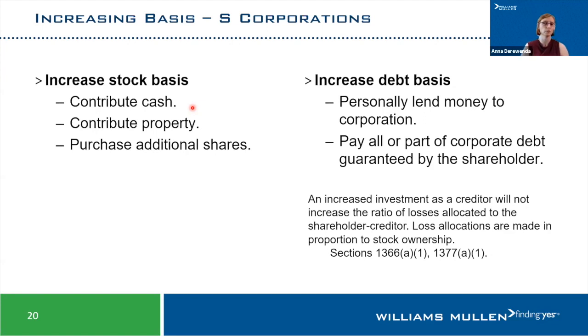Maybe that's not the only shareholder in the S corporation. So are all of the shareholders willing and available to put additional cash into the S corp? Especially right now, one risk may be that they don't want to put additional funds into an S corp. They don't know if they're actually going to be able to get those back. If it's a business that's not doing well, there may be a question of which way that business is going to go.